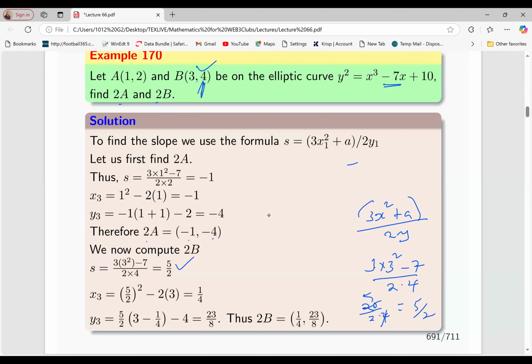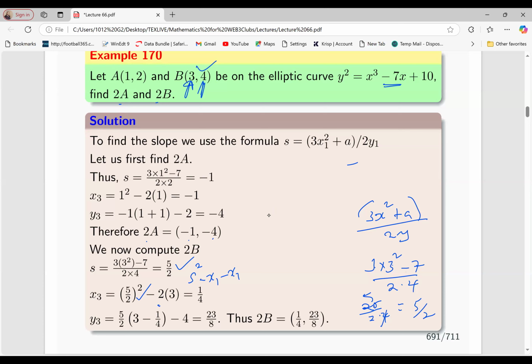Then you get x3. x3 is gradient square minus x1 minus x1. Gradient square is 25 out of 4. x1 is 3 and another 3, so minus 3 minus 3 is minus 6.